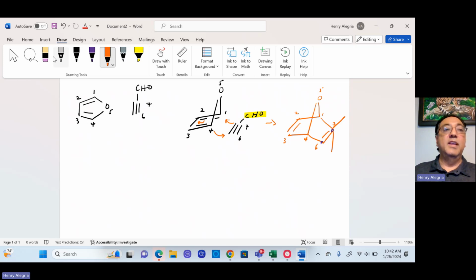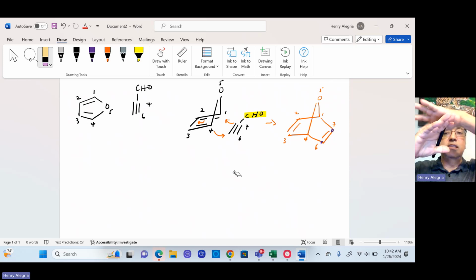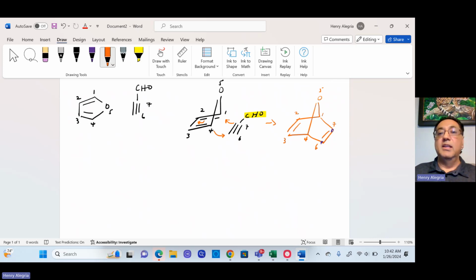So you don't have endo or exo in a situation like this because the two carbons, 6 and 7, are planar. So if my molecule is like this, my 2 carbons, 6 and 7, are here, then anything attached to them has to be on the same plane. So we did try to show that something like this is neither exo, right?